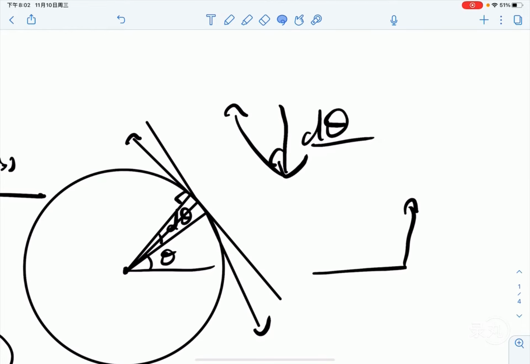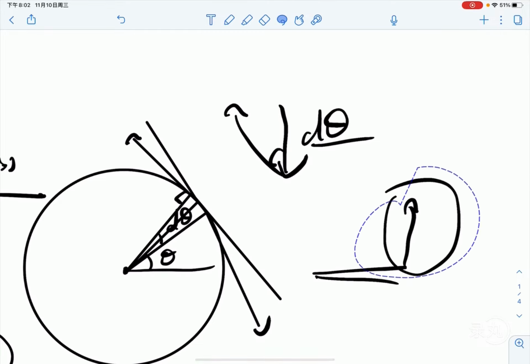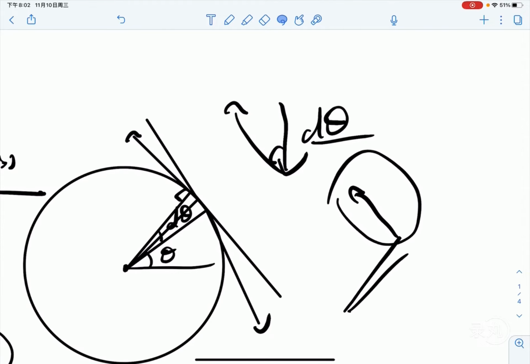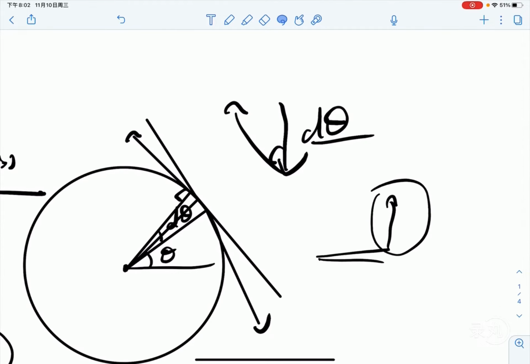If you turn the bottom by a certain degree, this one will also turn by a certain degree. So the difference is the same. I'll show you. Yeah, so the difference is the same.